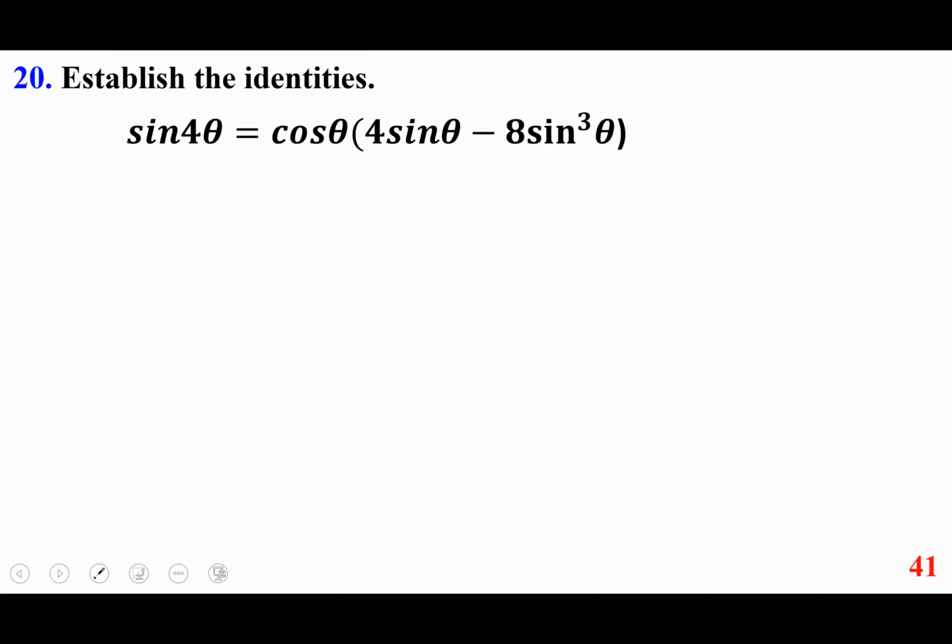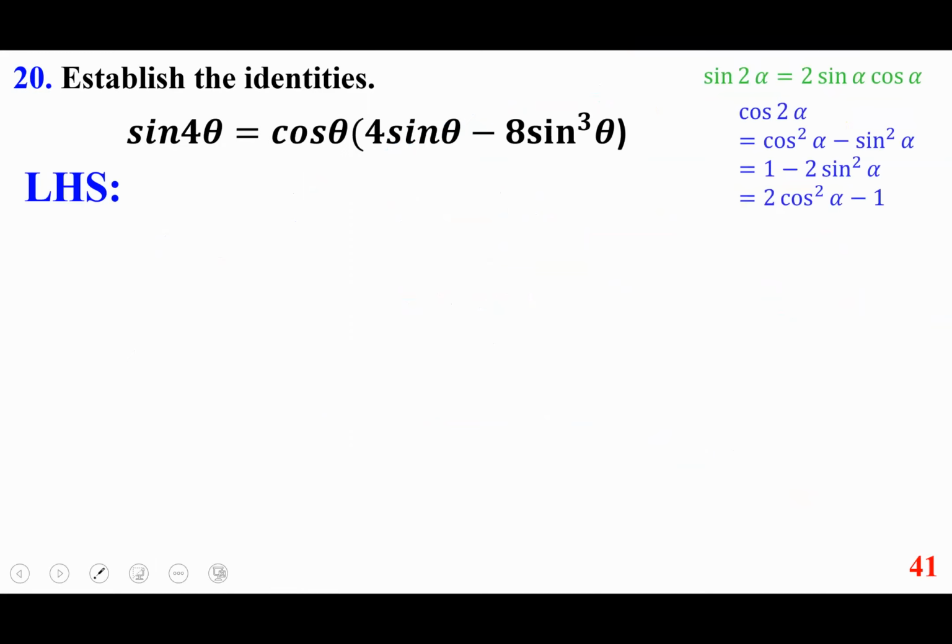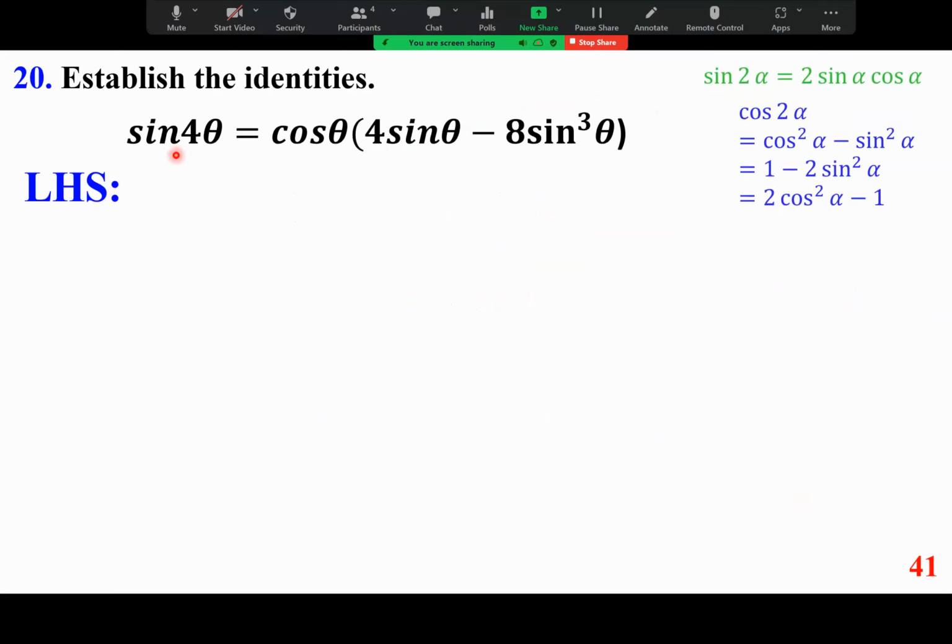We want to establish the identity, and there are different ways of approaching it. We know the sine of 2 alpha is 2 sine alpha cosine alpha, and cosine 2 alpha is that. So starting with the left-hand side, this is a sine of 2 times 2 theta.